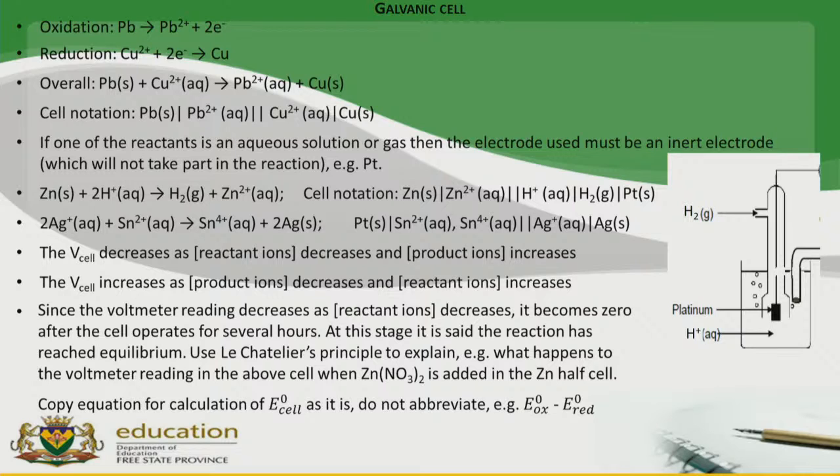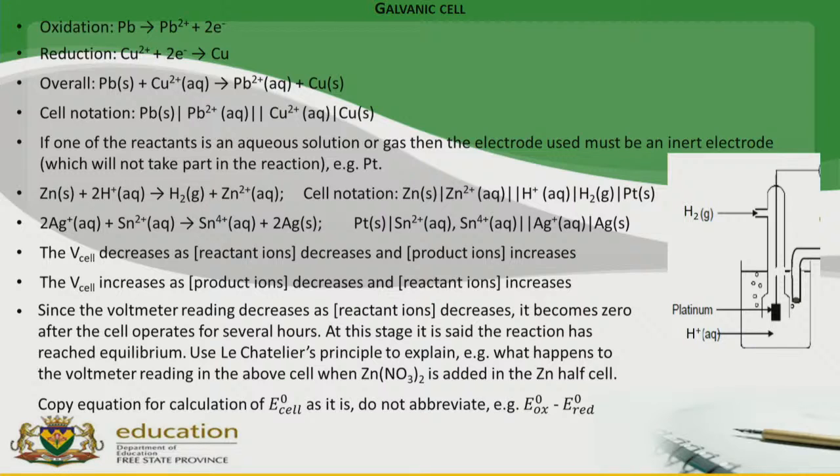And when the reading on the voltmeter is 0, after some time, we say that that particular cell, that particular reaction has reached equilibrium. Remember, it is a reaction of chemicals producing electricity. So that particular reaction has reached equilibrium.